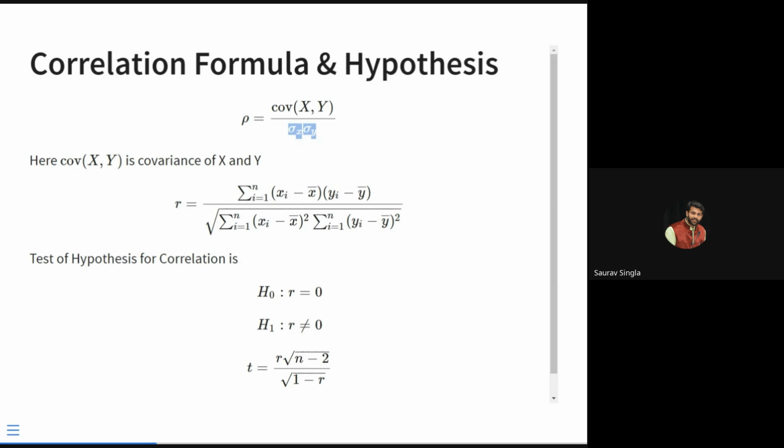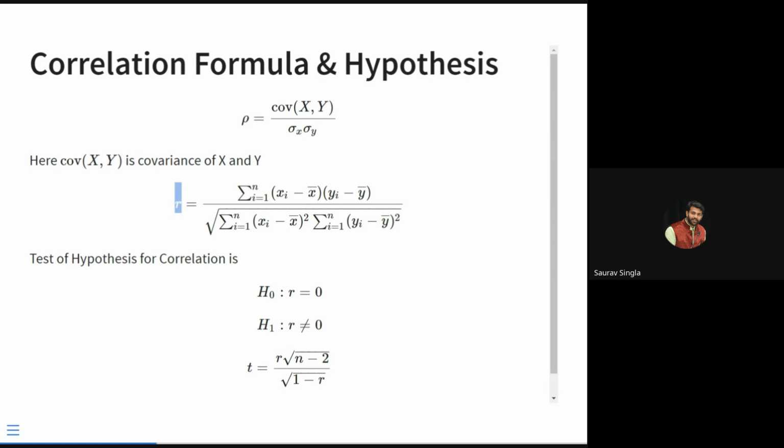If you divide the covariance by the standard deviation of x and the standard deviation of y, then it gets standardized, and the value of coefficient r becomes limited from -1 to +1.